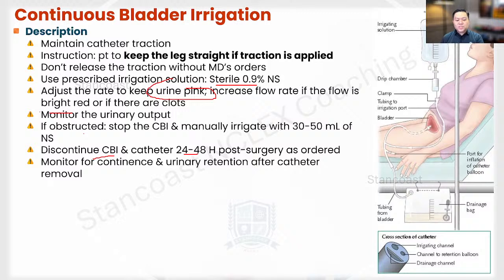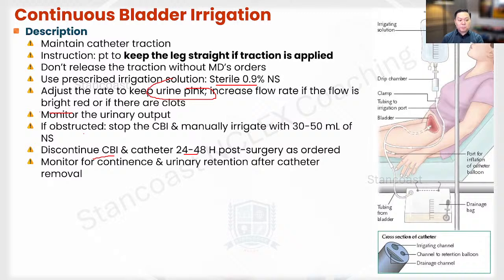Now, what you're going to do here is monitor the patient for the possibility that they're going to be incontinent and also have some urinary retention. So after you remove the three-way catheter, make sure that you check for their retention. How?